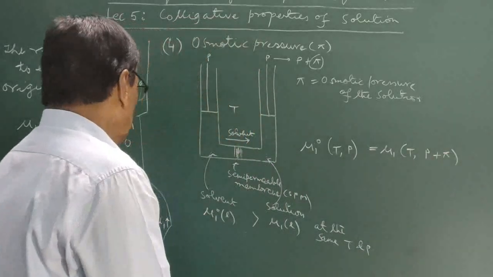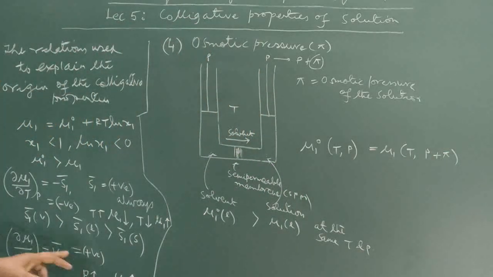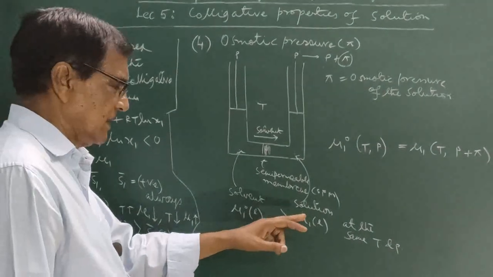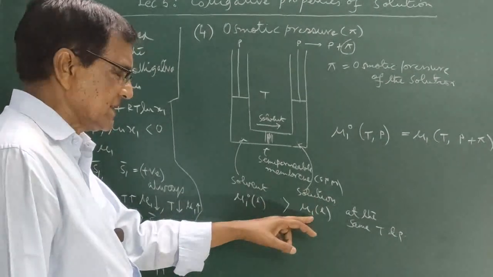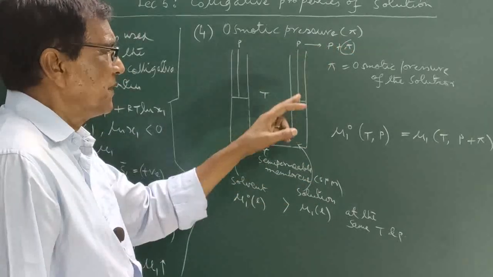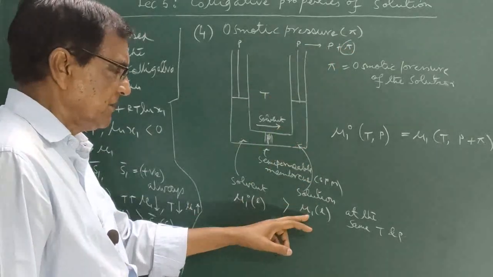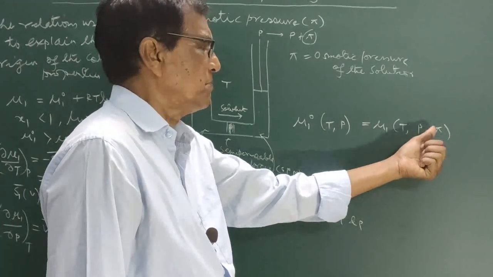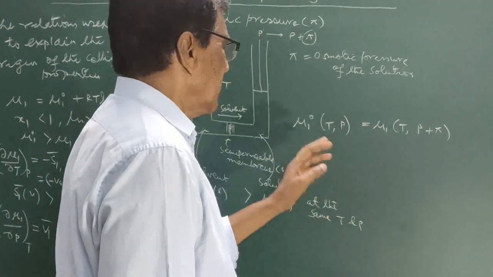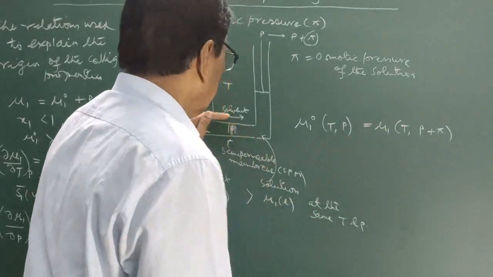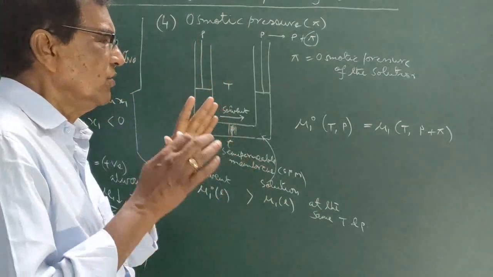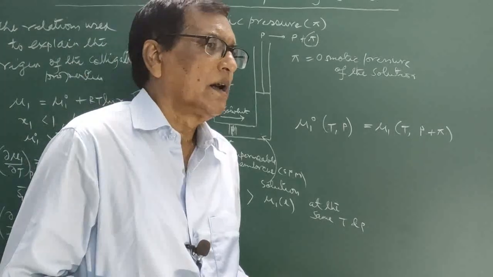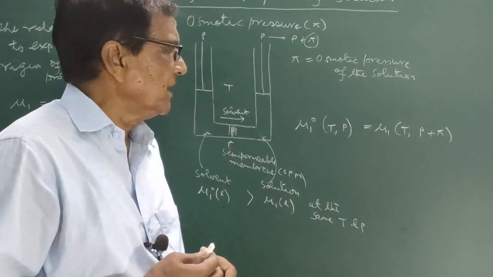As you know, with the increase of pressure, the chemical potential is increased. So this one is less, but with the increase in pressure on the solution side, its chemical potential is increased, and the pressure in that case becomes P plus pi, temperature remaining the same. These two become equal, the flow of the solvent will stop, and the two sides again attain equilibrium.